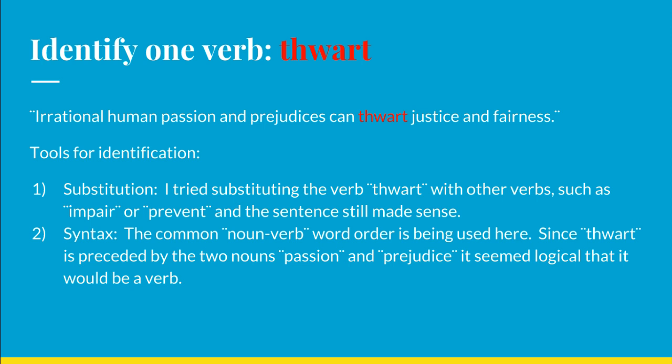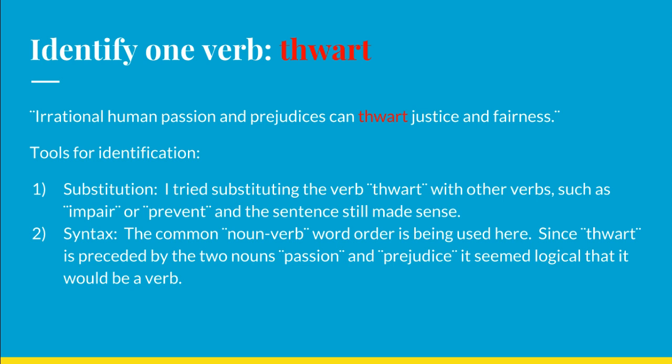Identifying the verb thwart. Used in the sentence, irrational human passion and prejudices can thwart justice and fairness. I used two tools for identification. I tried substitution, and I also looked at syntax. I tried substituting the verb thwart with other verbs such as impair or prevent, and the sentence still made sense to me.